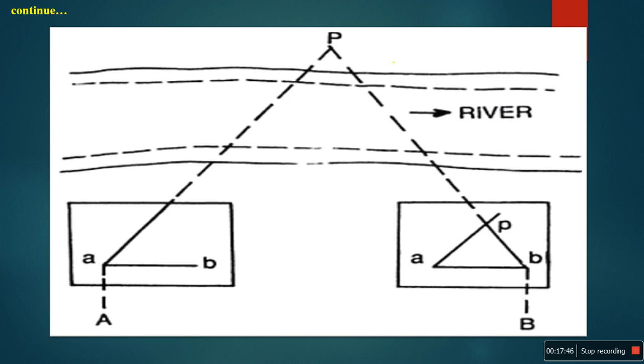So remember this example of the method of intersection. Okay, here your A station is here and B station is here. Here there is a river, so our one more point is on the other side of the river. In that condition we have to find the P station on the drawing sheet by using the plane tabling instrument, without going to the other side of the river bank.